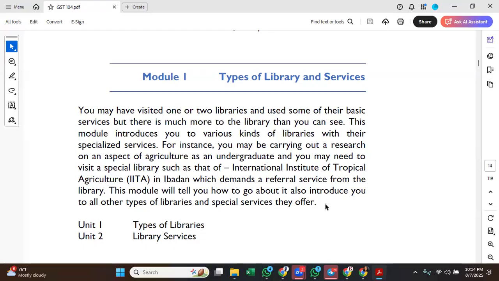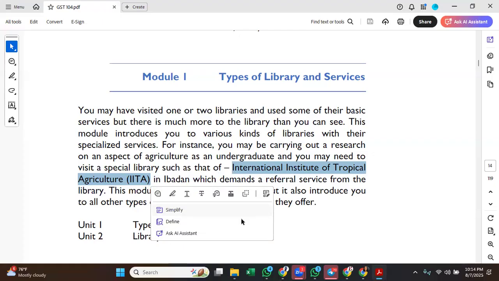That type of library is one in Ibadan, the International Institute of Tropical Agriculture, the IITA. Please, this abbreviation is very important. You want to put it to mind. International Institute of Tropical Agriculture, and the location is in Ibadan.